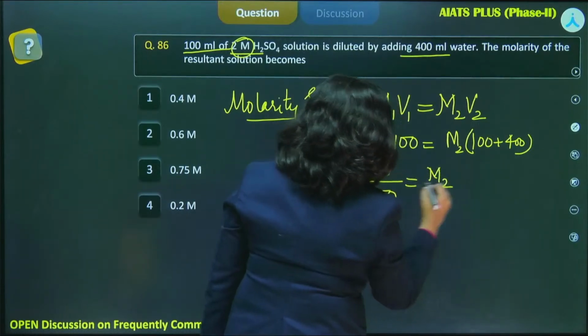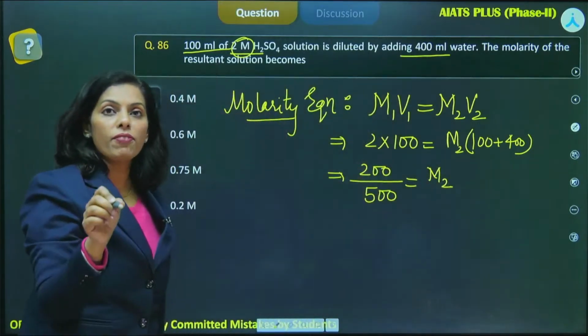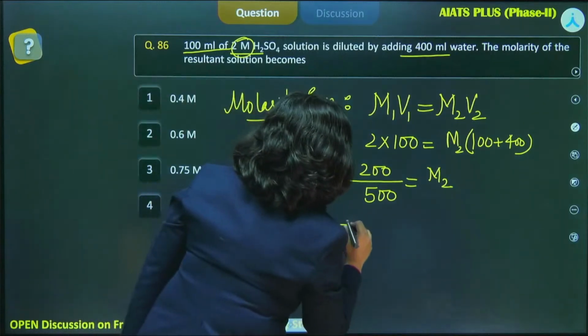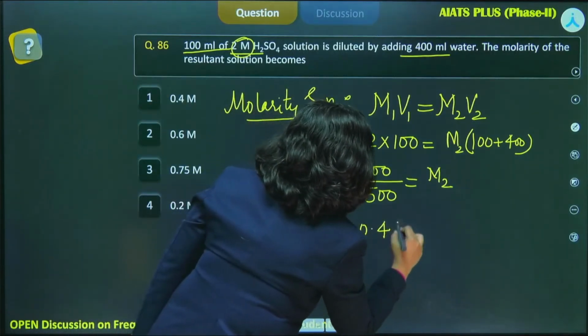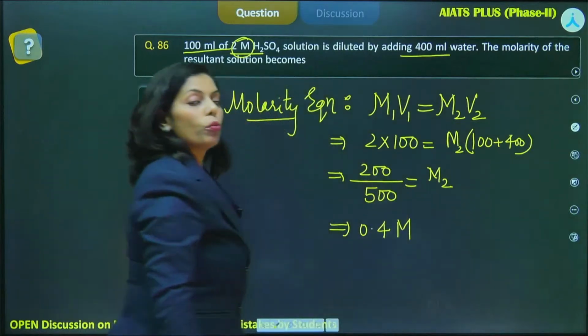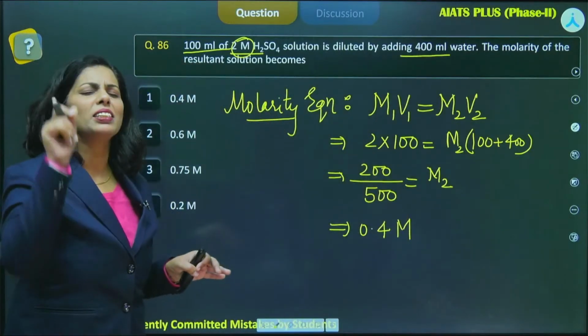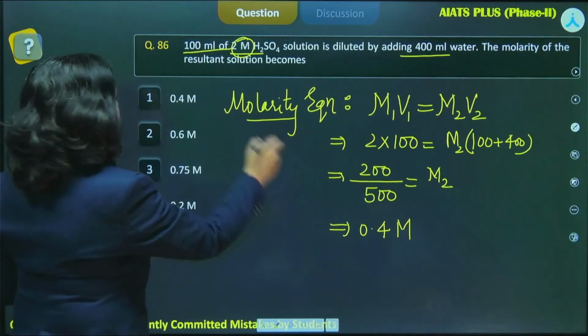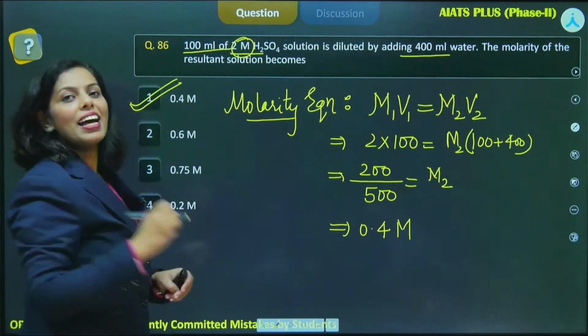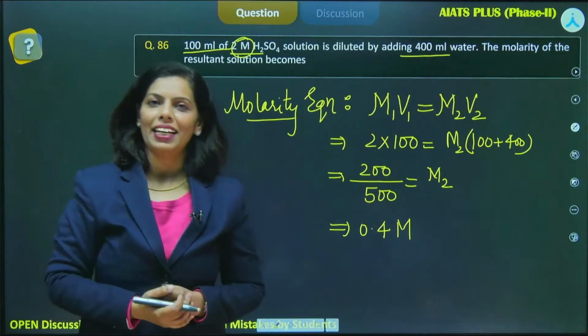This is M2. 200 by 500, 2 by 5. 2 by 5 is 0.4 molar. 0.4 molar is the right answer. Just look at the option. In case of numerical, it's pretty simple. Find the answer, mark it, and get the full marks if you are marking it correctly, right?